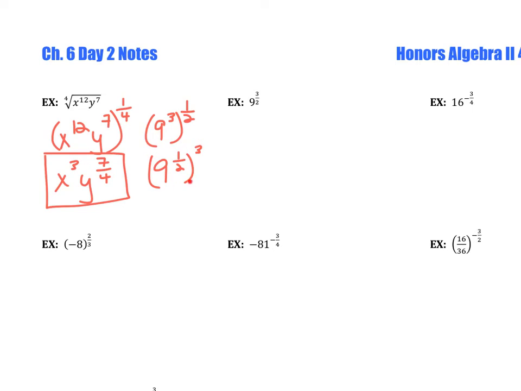Without a calculator, you're going to want to go with this route. So if we decide to write 9 to the 3/2 as 9 to the 1/2 cubed, 9 to the 1/2 means the square root of 9, which is 3, and 3 cubed is 27.